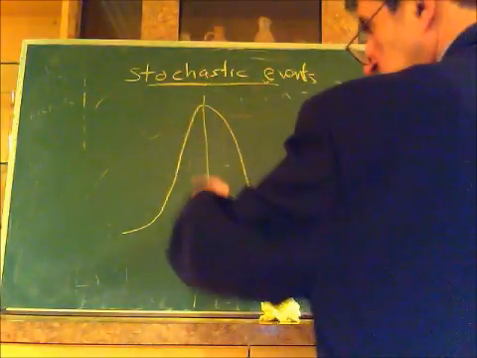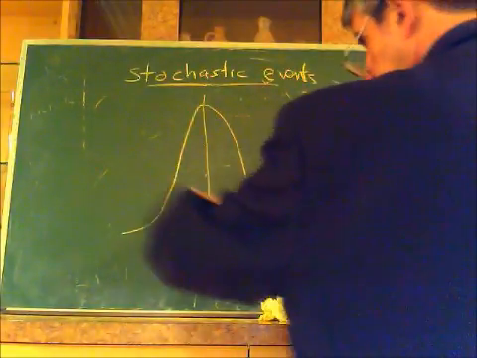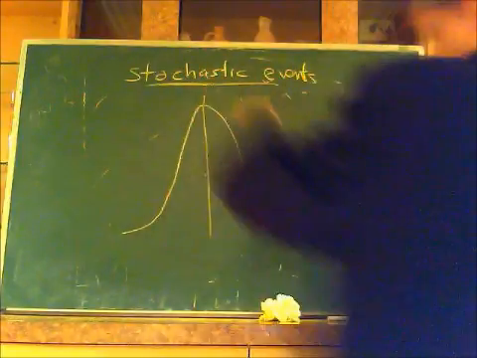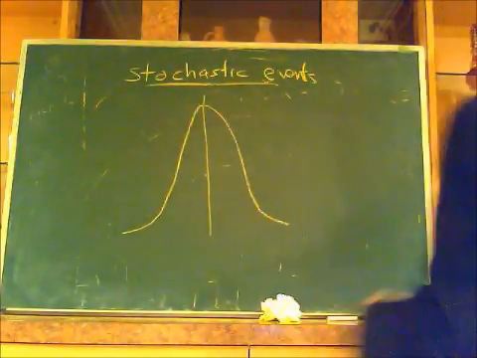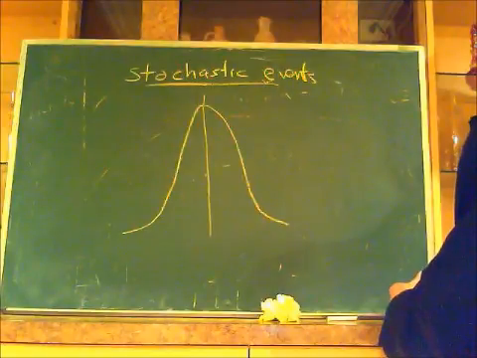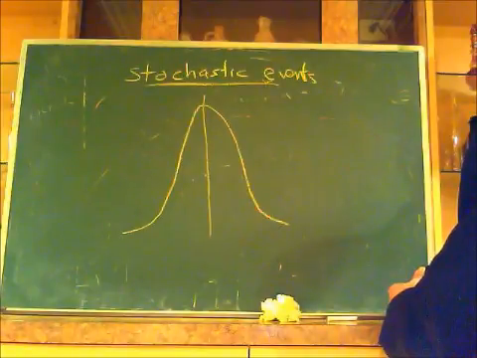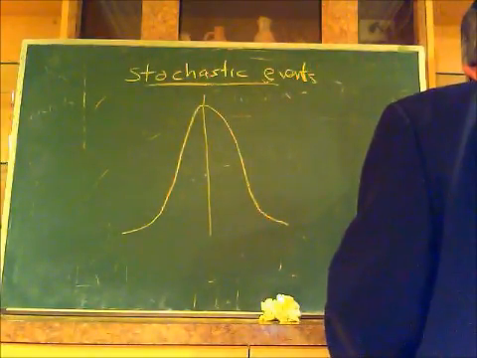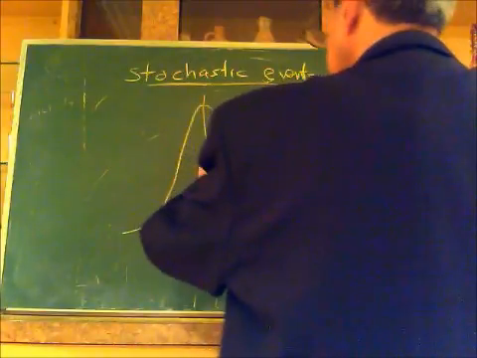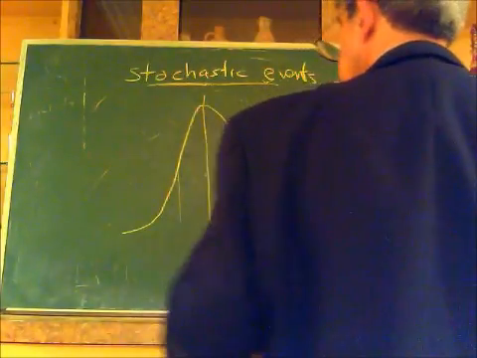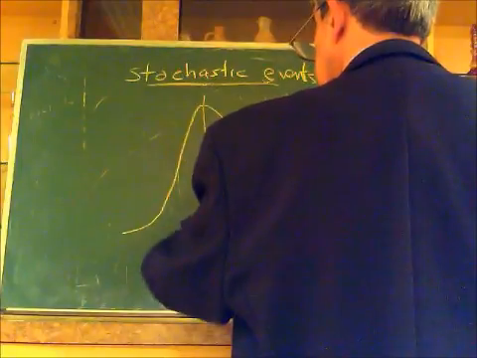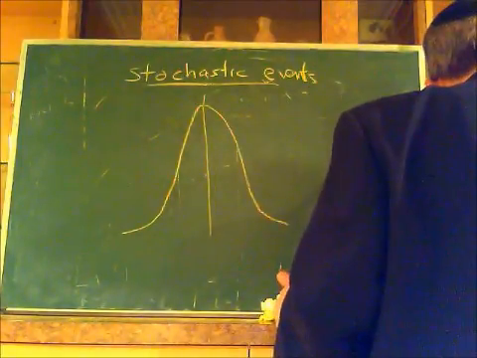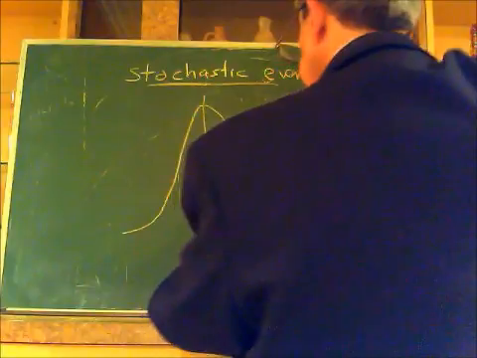Other things like IQ fall in this same kind of distribution. When you have that kind of distribution, we know that 68.3% of all of the values will fall within one standard deviation of the mean.